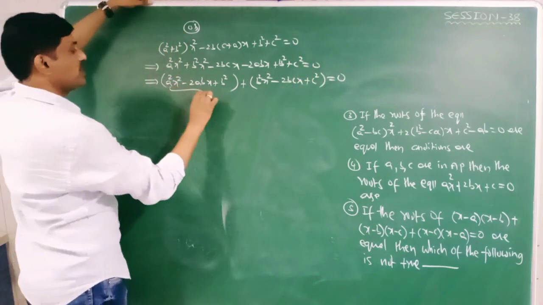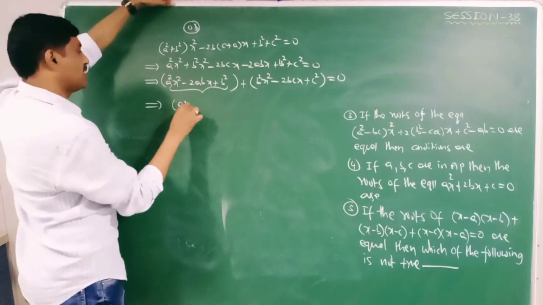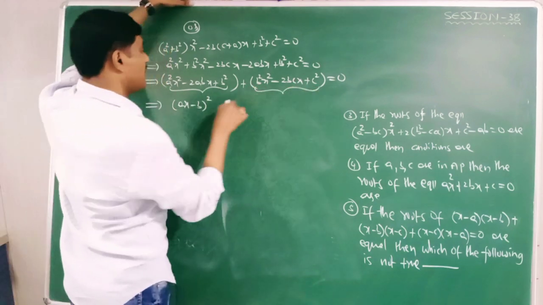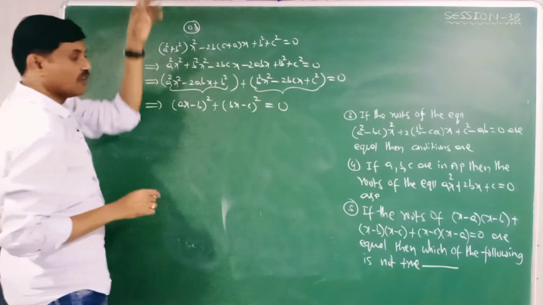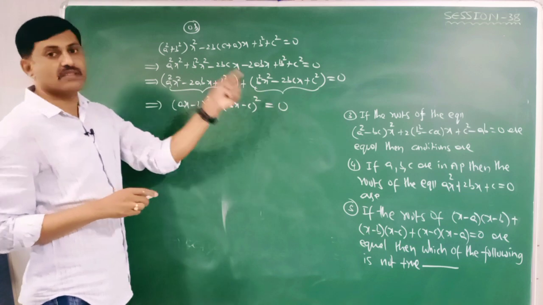Now it is clear: it is in the form (ax − b)² plus (bx − c)² equal to 0. The left side is a sum of perfect squares, but the answer is 0.